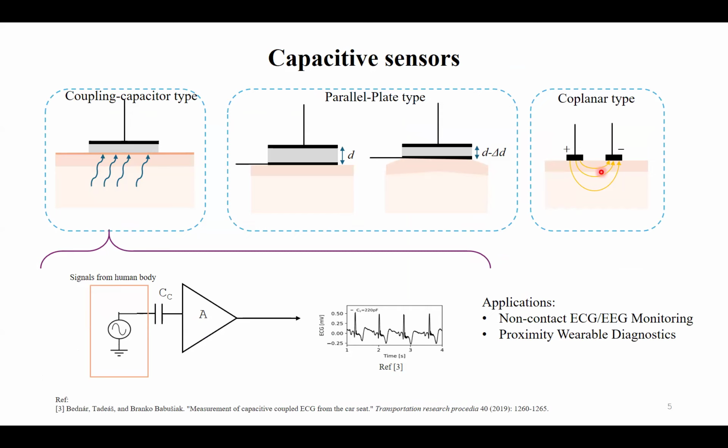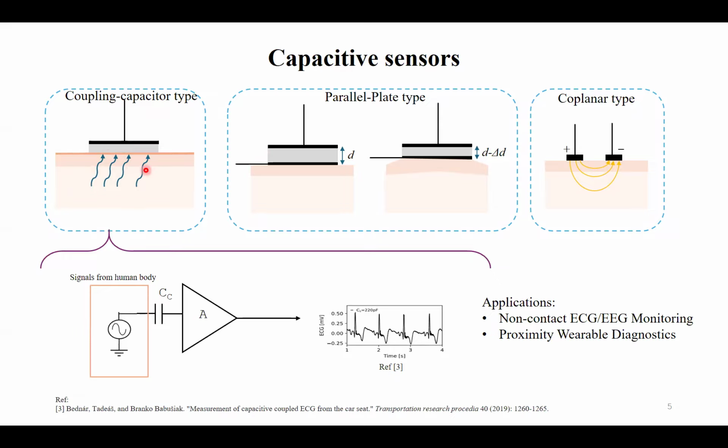So similar to the previous one, the capacitive sensors will align in any one of these buckets. It may be used as a coupling capacitor type, or as a parallel plate type, or as a coplanar type of capacitive sensor. So what is a coupling capacitor type capacitive sensor? It is like a single metallic plate.